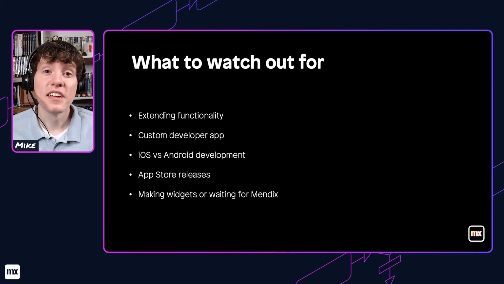Next, if you have included additional libraries in your application, you will no longer be able to use the Make It Native developer app from the app stores. You will have to create your own custom developer app and include these libraries in that as well.